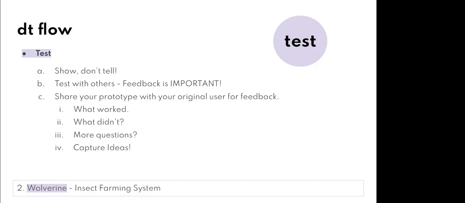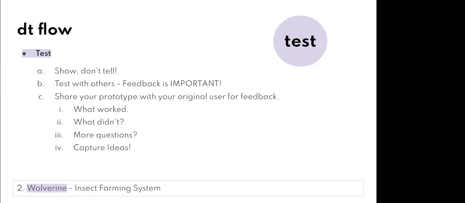But what you're looking for specifically when you're testing is to ask the questions and harvest the responses. And these questions are: what worked? What didn't work? What questions do those people have about my prototype?